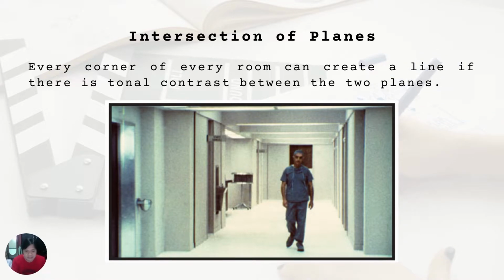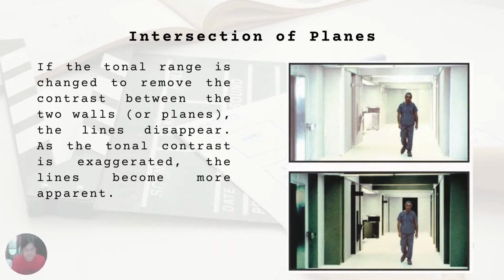Okay, to make it more precise, if the tonal range is changed to remove the contrast between the two walls or planes, the lines disappear. So again, this is an example. Tonal range is important. As the tonal contrast is exaggerated, the lines become more apparent.